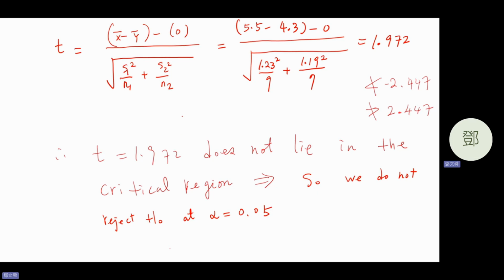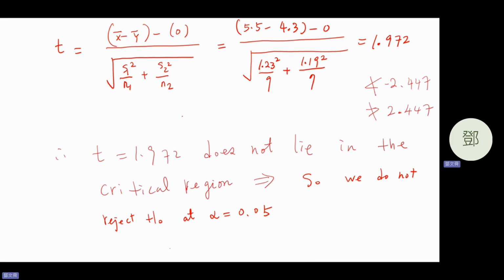The 0 is the value assumed under the null hypothesis, and we standardize by dividing by the standard deviation of x bar minus y bar, which involves s1 squared over n1 and s2 squared over n2. The statistic t here is 1.972.